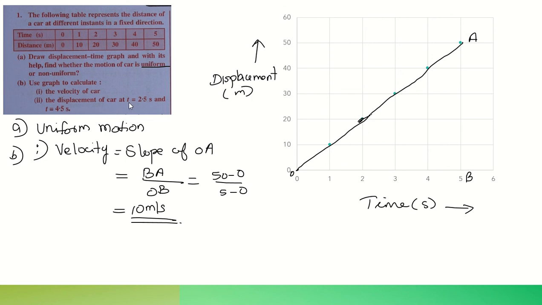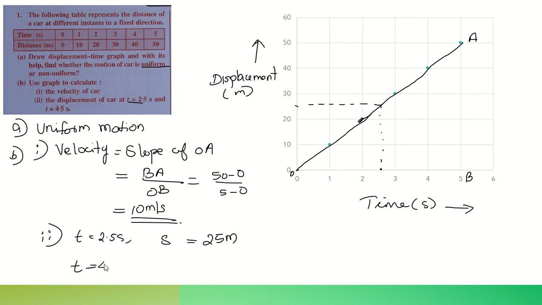So they are asking t is equal to 2.5 seconds. So 2.5 seconds is somewhere here, right? So when you draw it in the graph sheet, you will get it exactly. So here it comes in the middle of 20 and 25. So the displacement of the car when t is equal to 2.5 seconds is 25 meters.